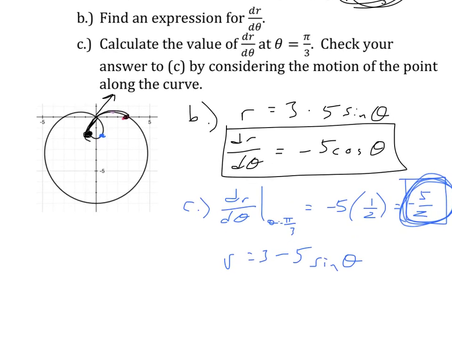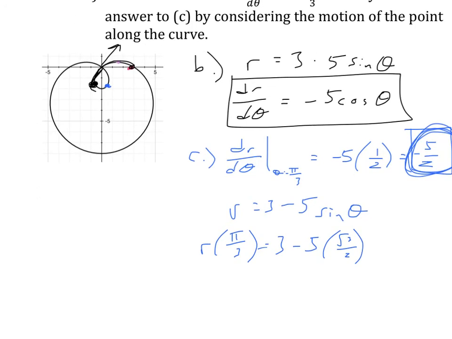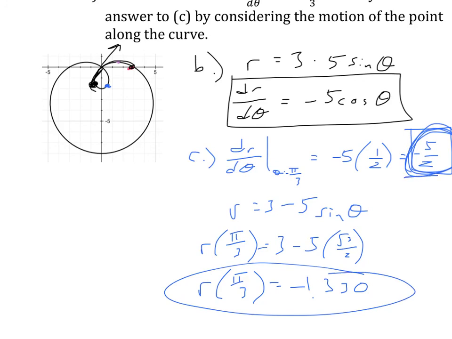If I found out what r of pi over 3 was, I'd have 3 minus 5 times the square root of 3 over 2, and if we actually use a calculator for that, yep, it turns out that r of pi over 3 is negative 1.330. So we had a negative dr d theta and a negative r. That means that my point is getting further from the origin, which is what it looks like is happening in the graph.